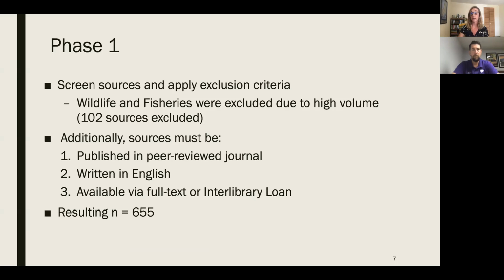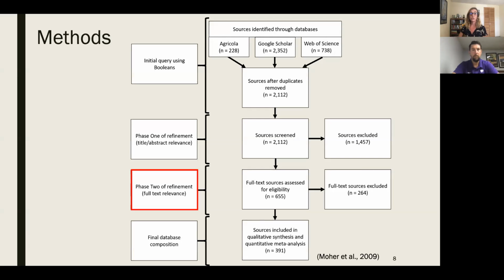So this phase brought us down to 655 sources, which led us to our phase 2 of refinement, where we actually read the full text. And so we broke up all 655 sources among the research team. The 2 first authors on the team did implement intercoder reliability and checked on the work of others.